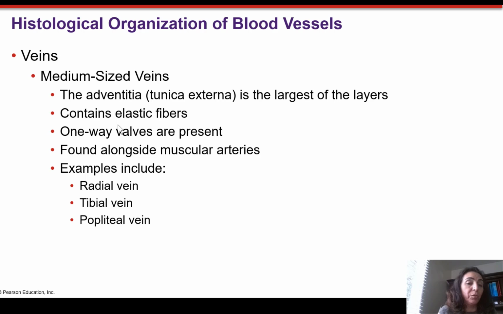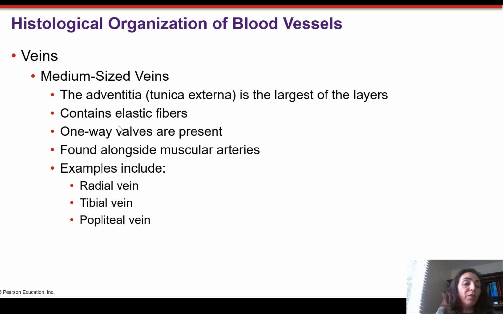So it needs some help, and there is no heart at the beginning to push the blood back. It has to get help from other things besides the pressure. One of them is the elastic fibers that, for example, we have in the medium-sized vein.